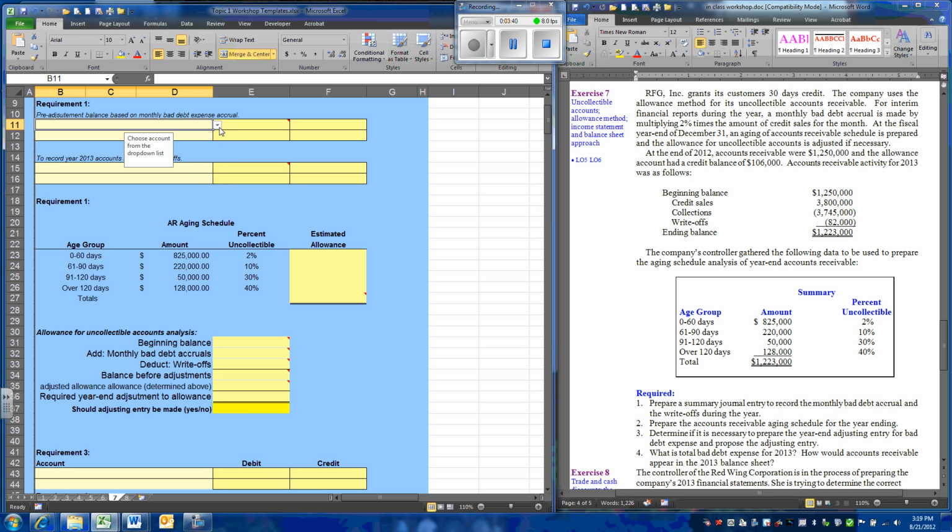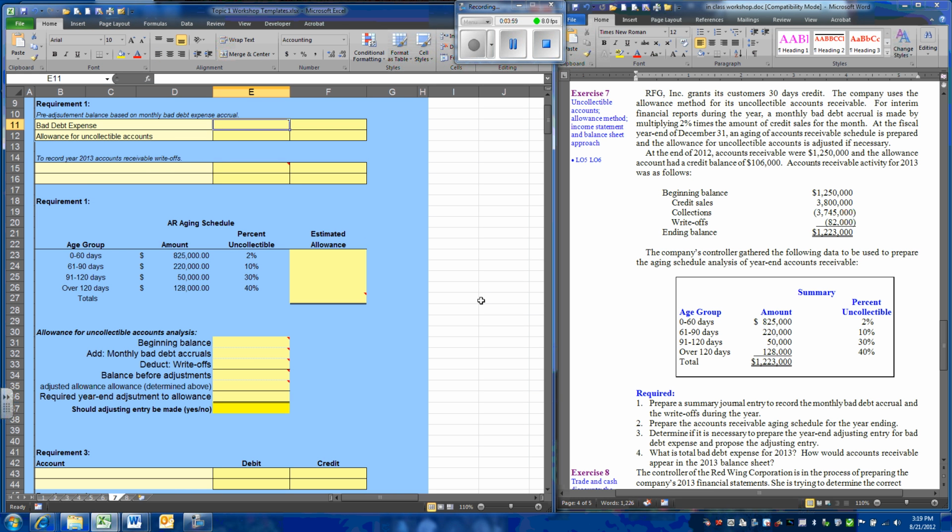So each month, we're going to be estimating the bad debt expense, so we're going to be increasing the bad debt expense, and the corresponding credit will be to our allowance account.